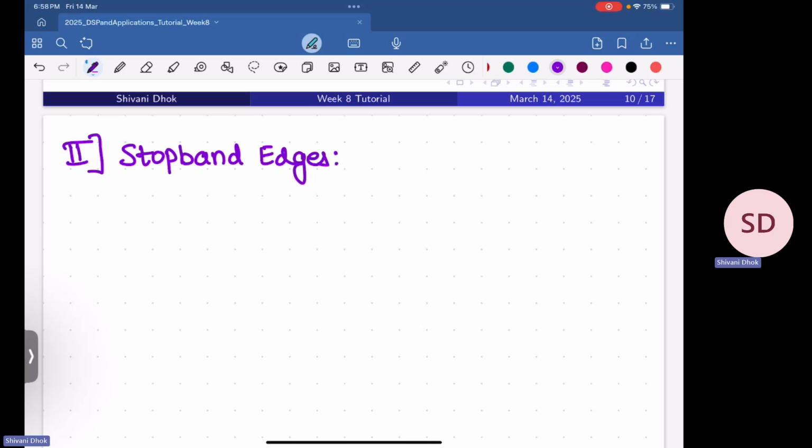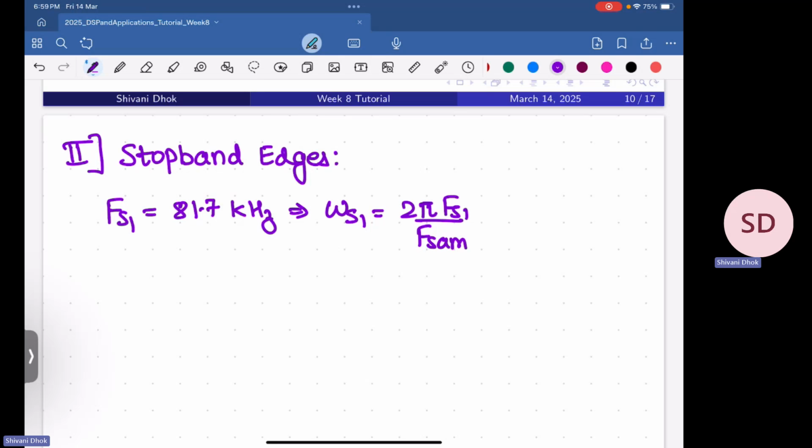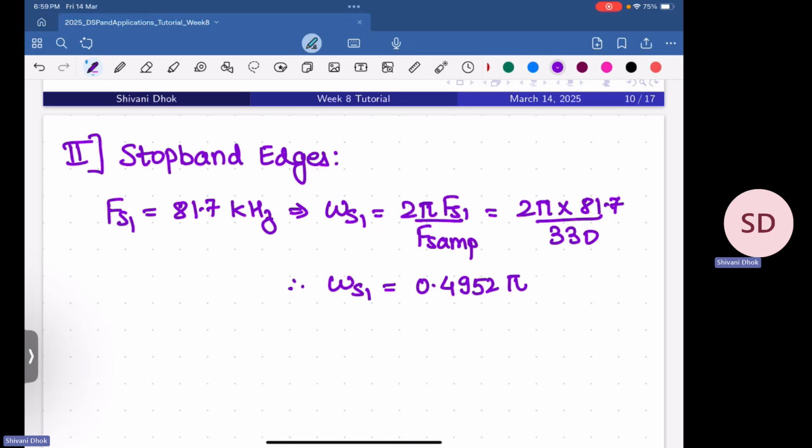Okay, so the first stop band edge, that is FS1, is 81.7 kilohertz, which means that omega S1 is 2 pi Fs1 by sampling frequency, which is equal to 2 pi into 81.7 kilohertz divided by 330. Therefore, omega S1 is equal to 0.4952 pi.